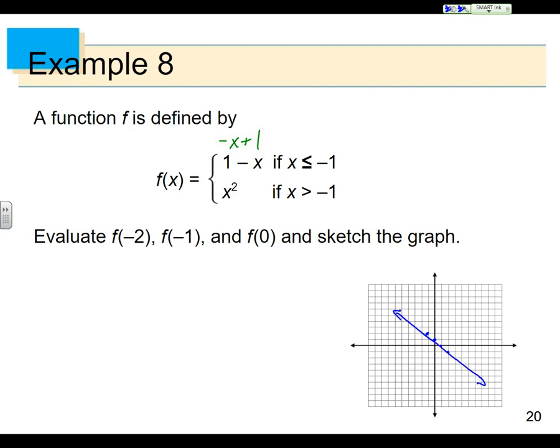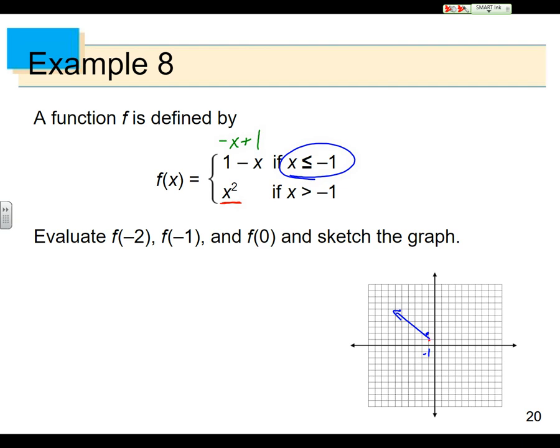But in order to make it so it's a function still, it only wants a piece of that line. It only wants the piece of the line that is smaller than negative 1 right there. So all this hard work I did over here, don't need it. It goes all the way up to that line. And then it wants the x squared if x is bigger than negative 1.